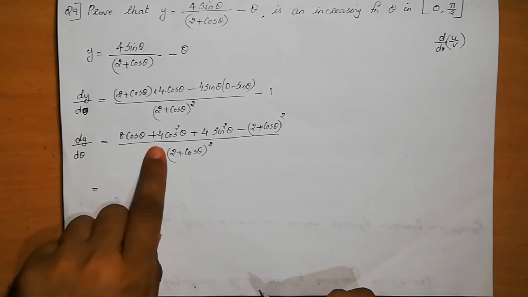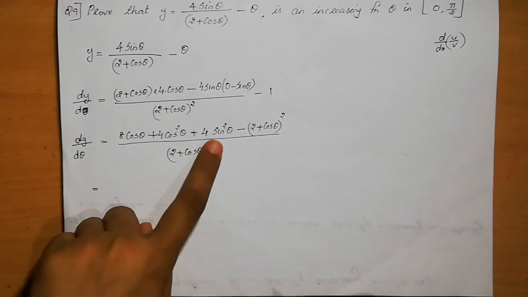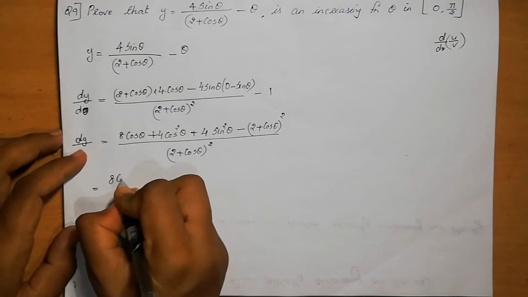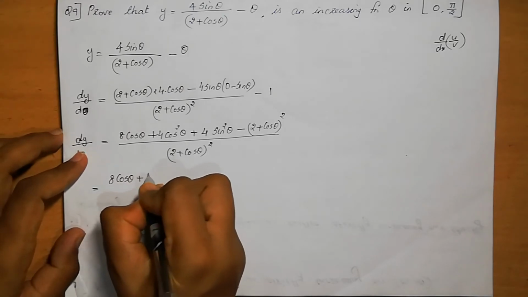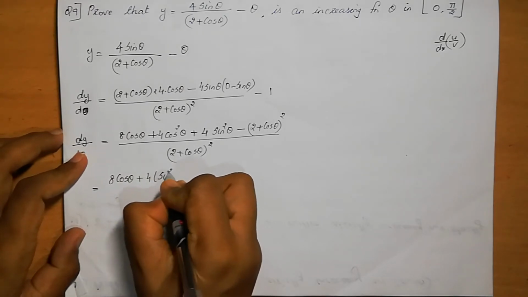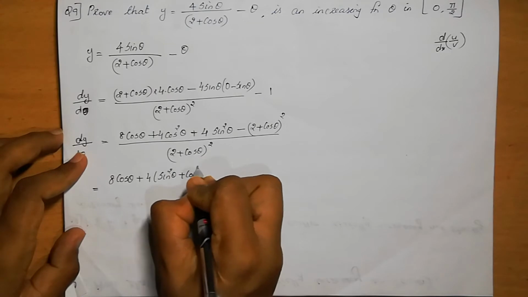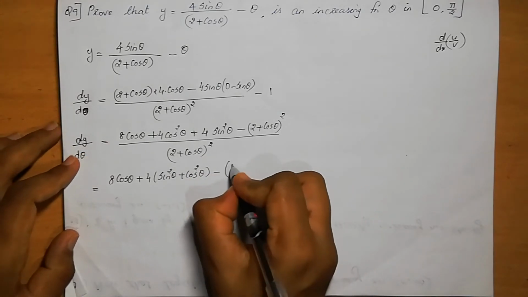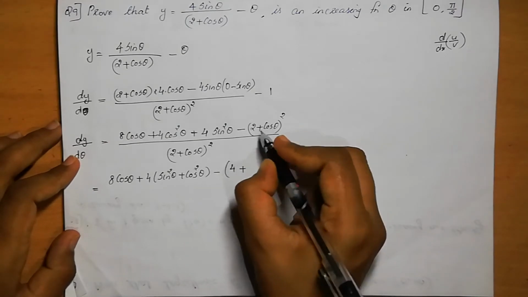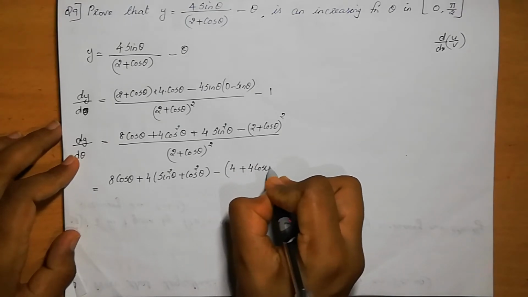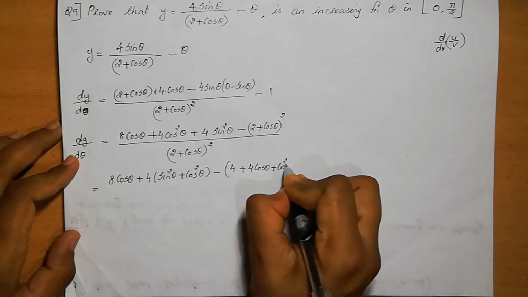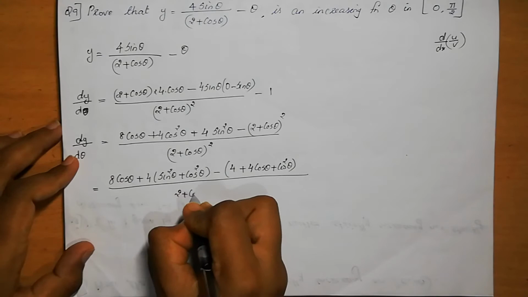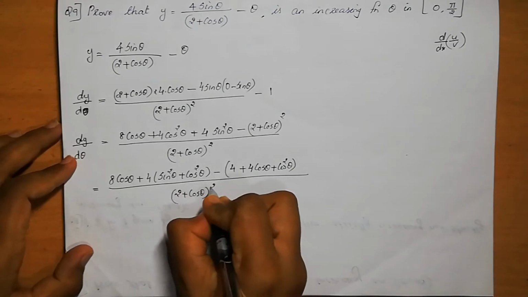So this one, if we are taking 4 common, what is this one? Cos square theta plus sin square theta is 1 only, right? So this one we can write as 8 cos theta. Taking 4 common means sin square theta plus cos square theta, minus this one, a plus b the whole square: 2 square is 4, plus 2ab, 2 into 2 is 4 cos theta, plus cos square theta, the whole divided by 2 plus cos theta the whole square.